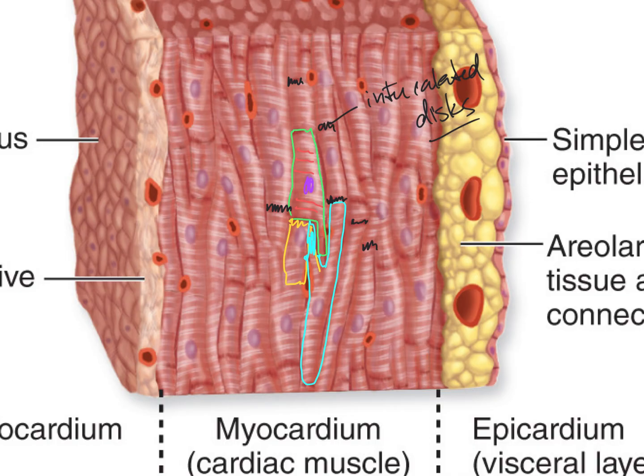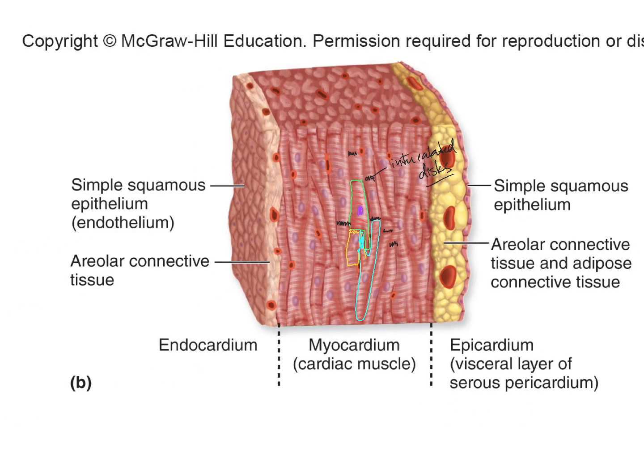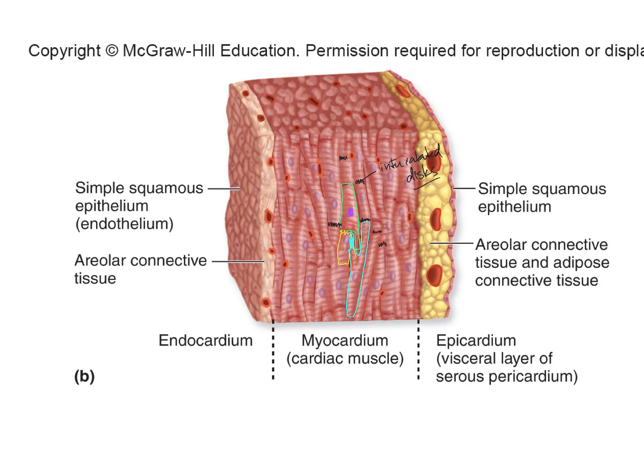That is what makes up the myocardium, the tissue layer that is going to contract and pump blood through the heart. And the innermost layer of tissue is the endocardium, which is made up of simple squamous epithelial tissue.